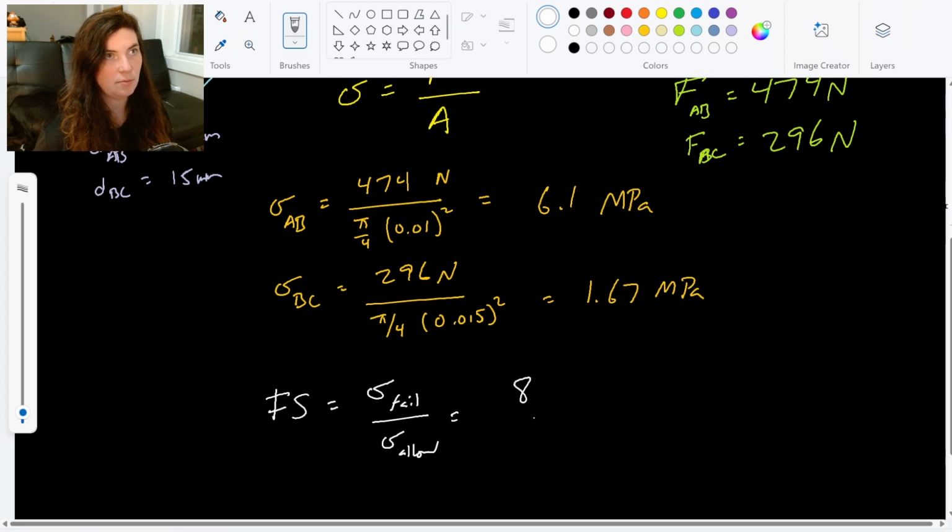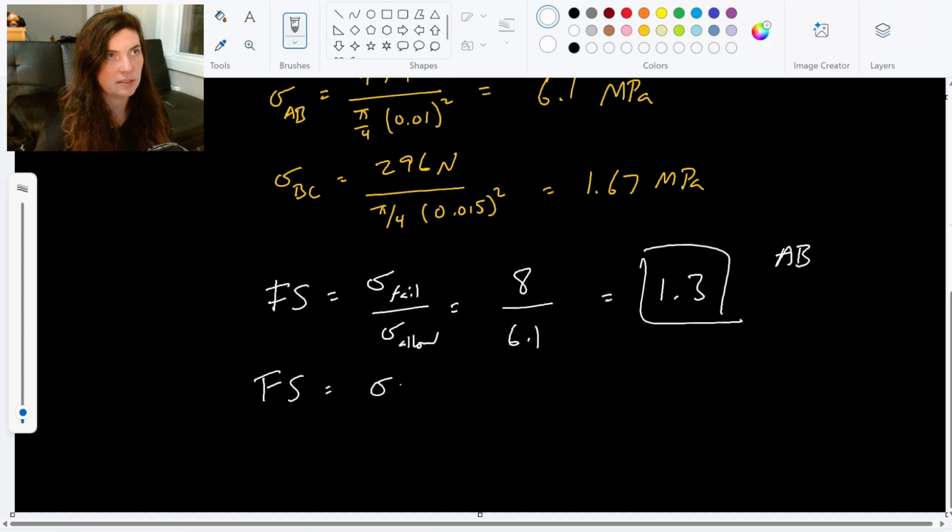So it's 8 megapascals over the 6.1 megapascals gives us a safety factor, dimensionless safety factor, of 1.3. And that's for cable AB.